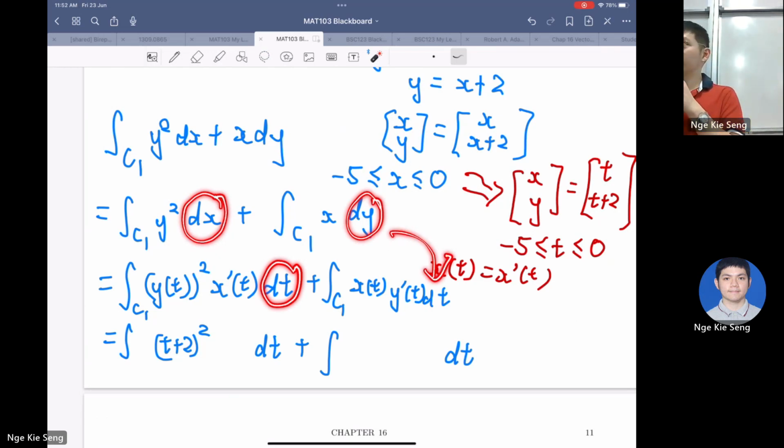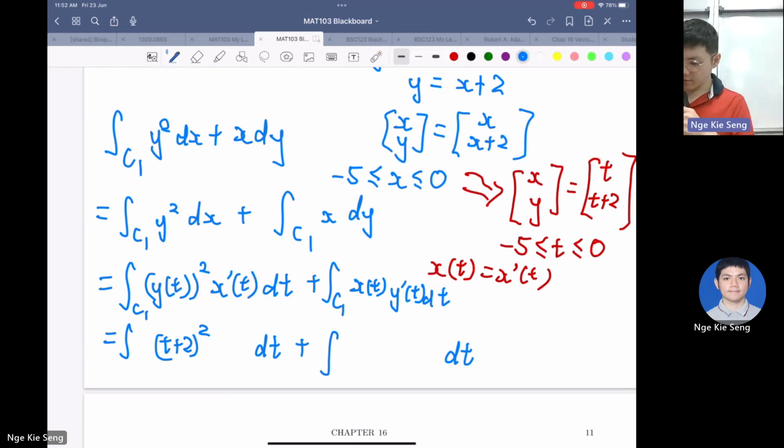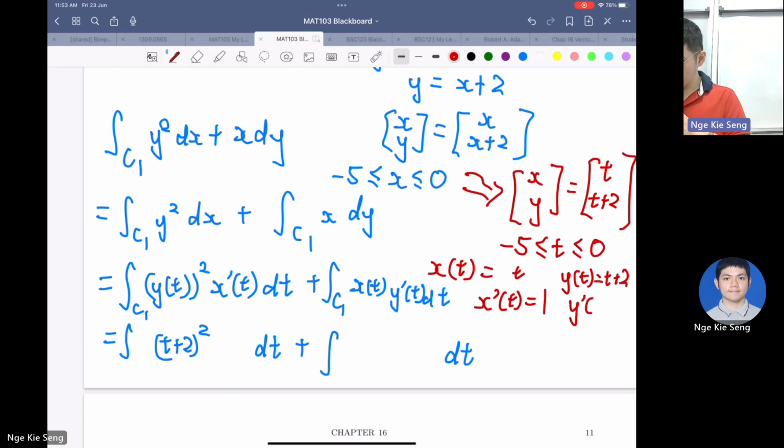Now we need to figure out what x prime t and y prime t are. x of t equals t, so x prime t is just 1. And if y of t equals t plus 2, y prime t is also 1. So they are just 1.